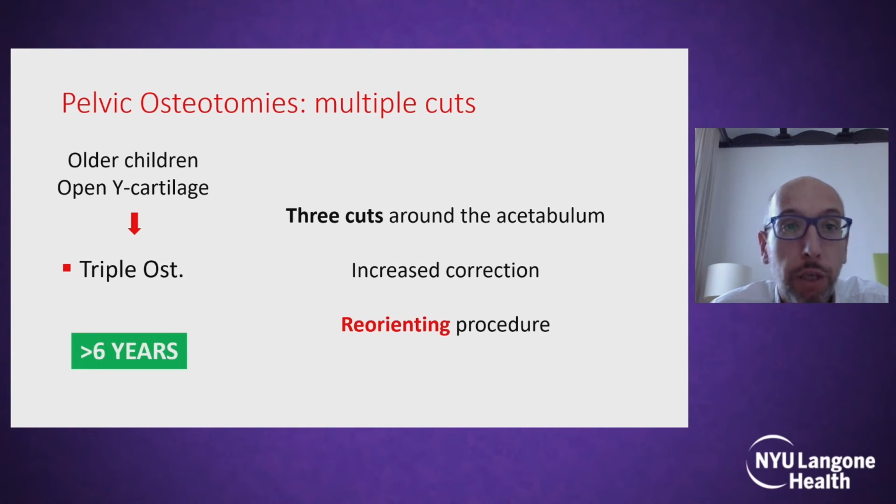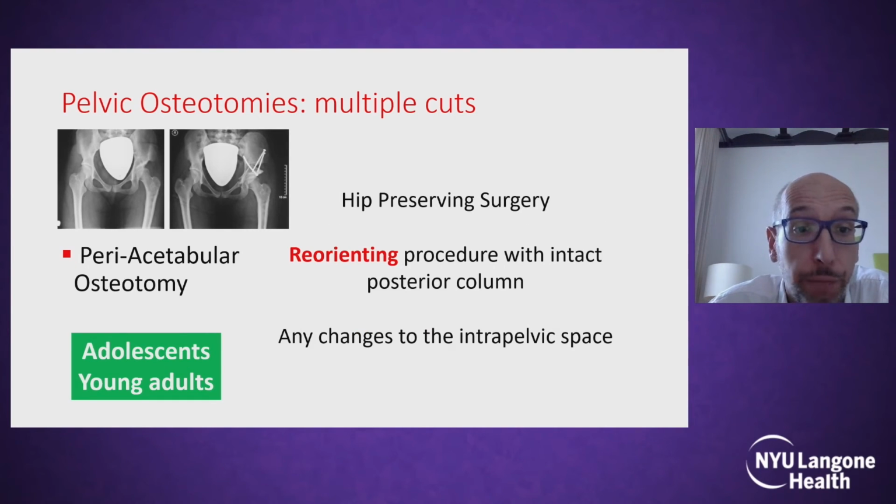When the patient grows older, the other option, whether the child has open or closed triradiate cartilage, is performing a triple osteotomy. This is a powerful reorienting procedure that should be reserved for children usually older than 6 years of age.